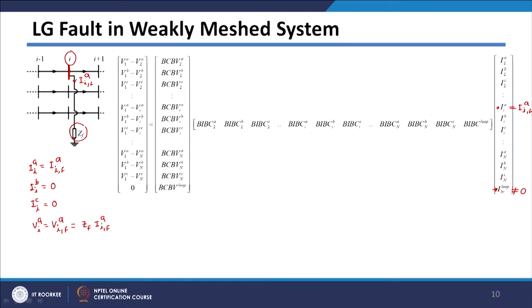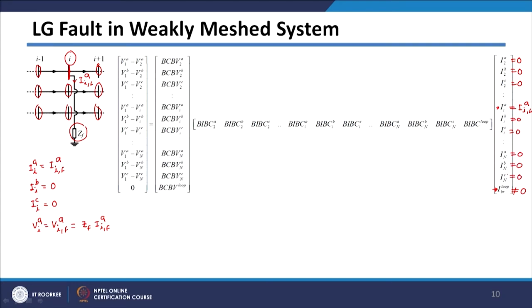However, all other load currents will be 0, meaning negligible as compared to this fault current. So, therefore, we can put all the nodal currents equal to 0. In that case, all these currents will be equal to 0 or negligible as compared to your fault current.